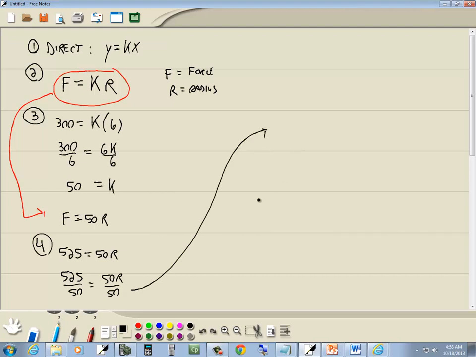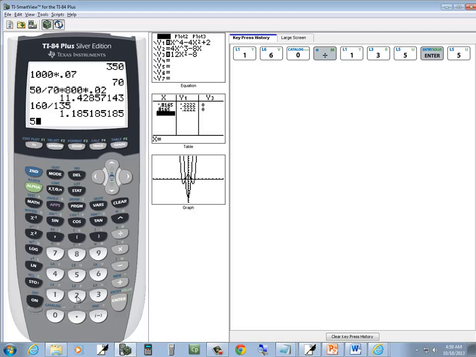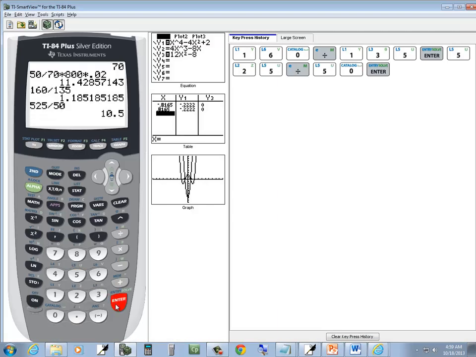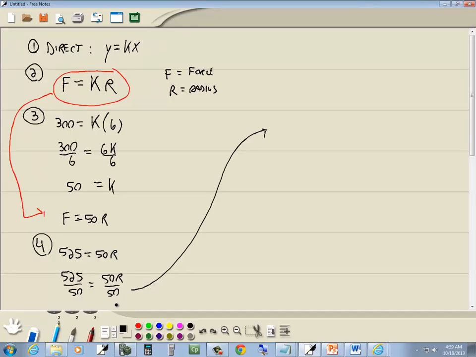And we'll get something. Let's see what that is. 525 divided by 50. Enter. And that gives us 10.5. So our radius is 10.5.